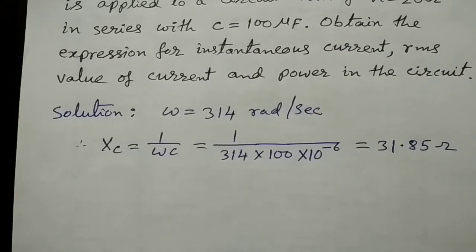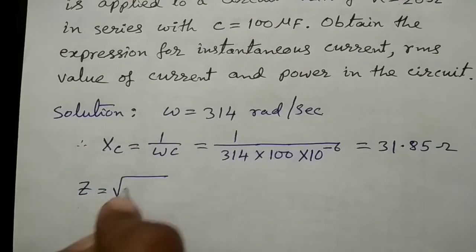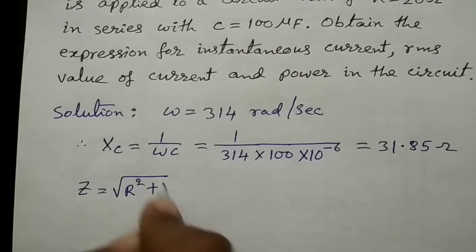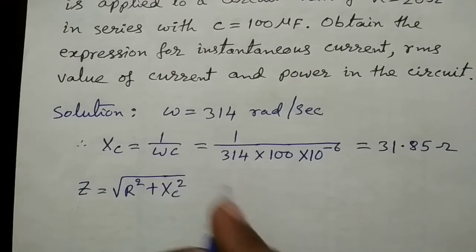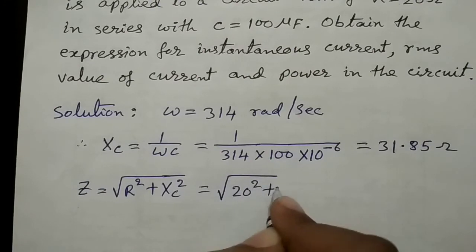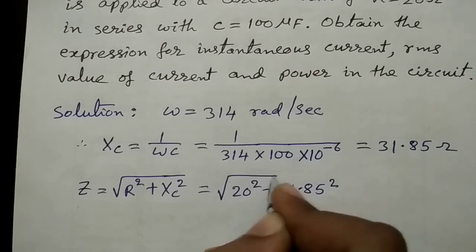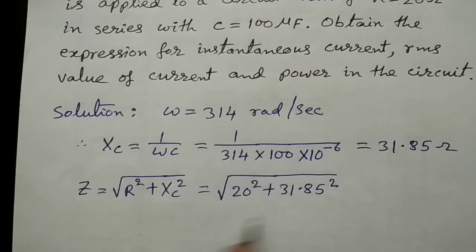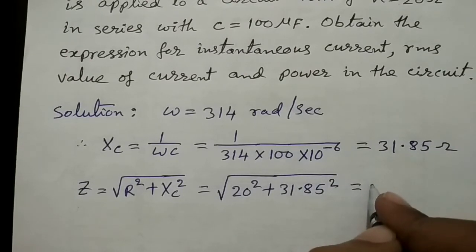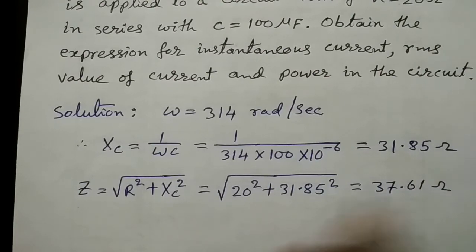Next, find the impedance Z. Square root of R square plus Xc square. So it will be 20 square plus 31.85 square. The value will be 37.61 ohms.